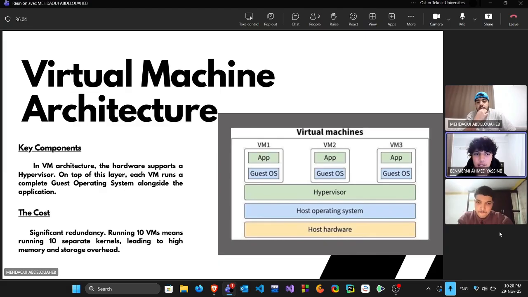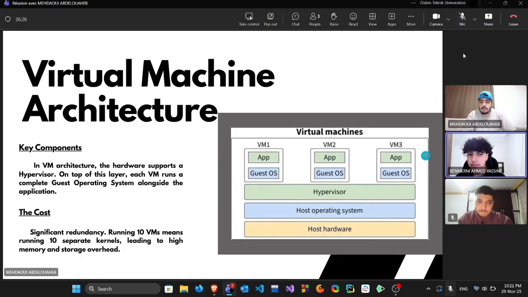This is the most important takeaway for VMs, because every single application requires a full operating system to run. There is significant redundancy. If you run 10 VMs, you are running 10 kernels, which consume a massive amount of memory and storage.